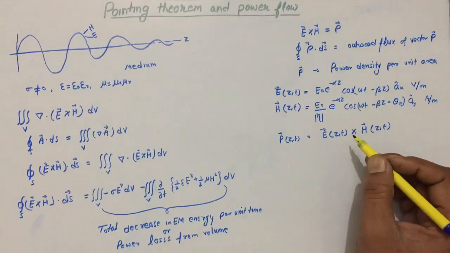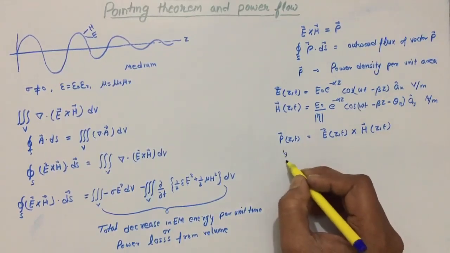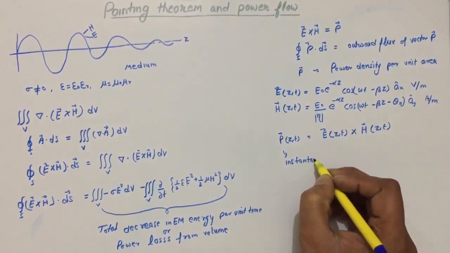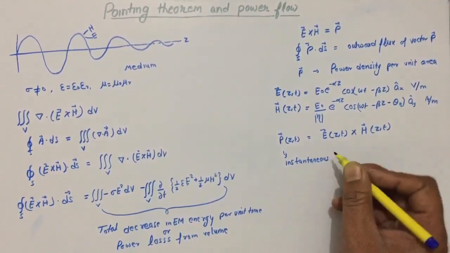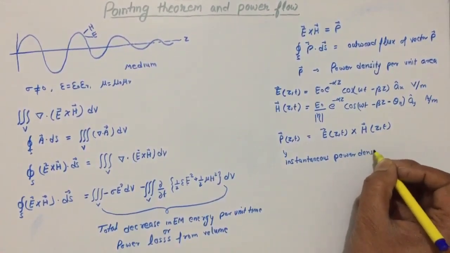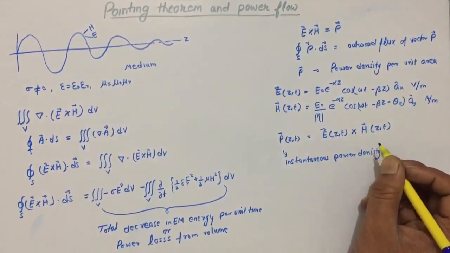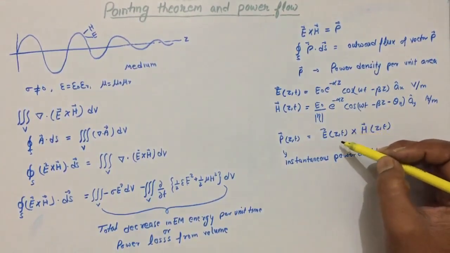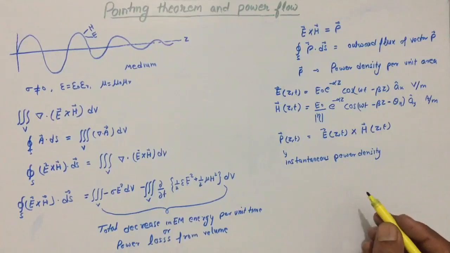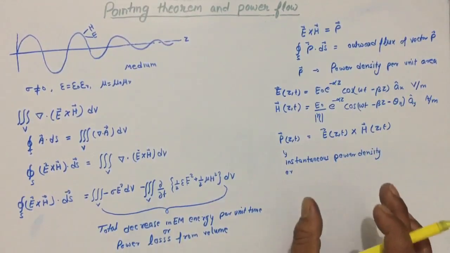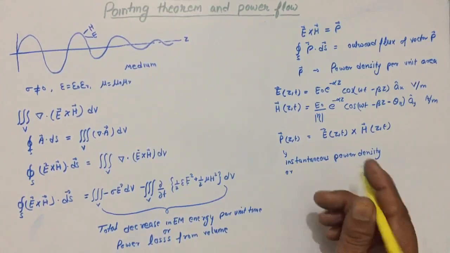So this is the instantaneous power density per unit area, and it is named in another way: instantaneous pointing vector.